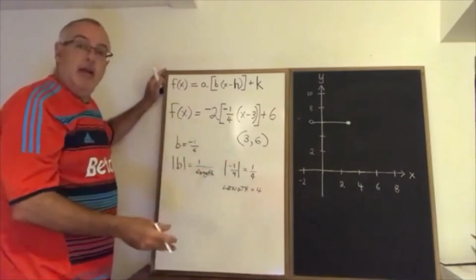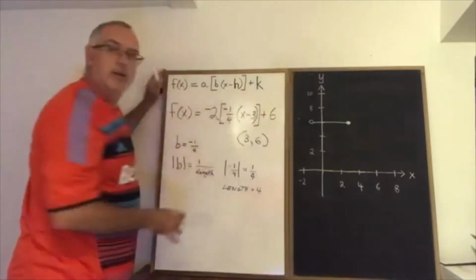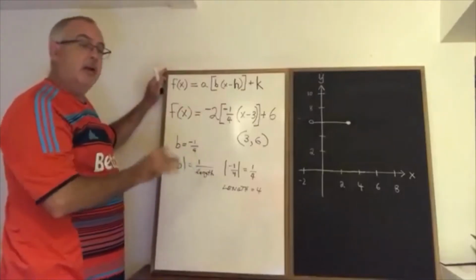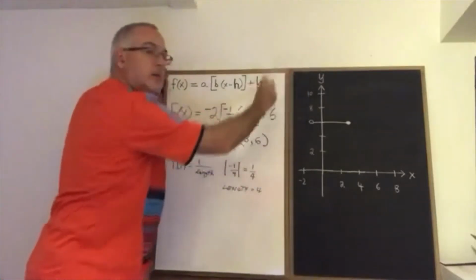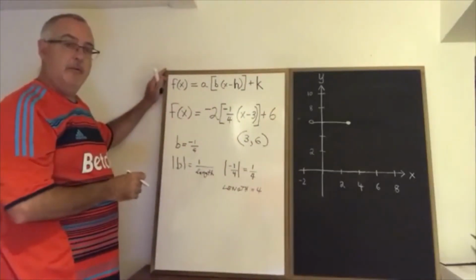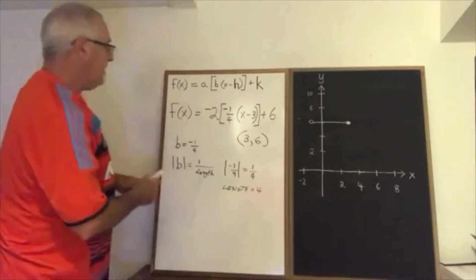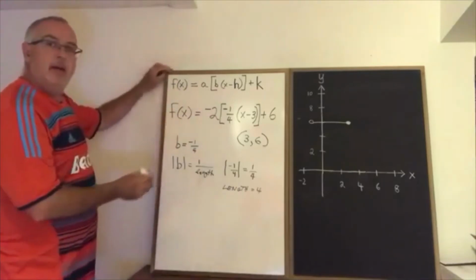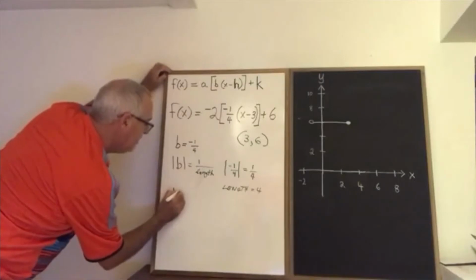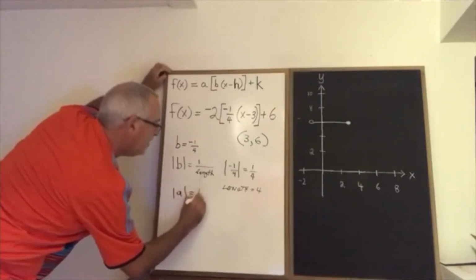And you might think that that means I can just draw the rest of the staircase and be finished. But I still don't know the height of the steps, and I don't know whether this staircase is going upstairs or downstairs. I have to find out that information before I can draw another step. The height of the steps is gotten from A. The absolute value of A is equal to the height.